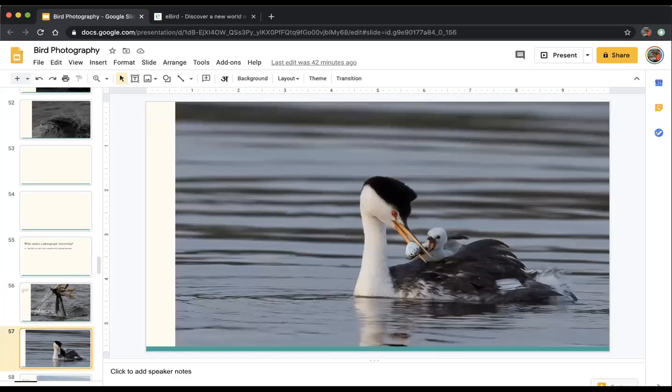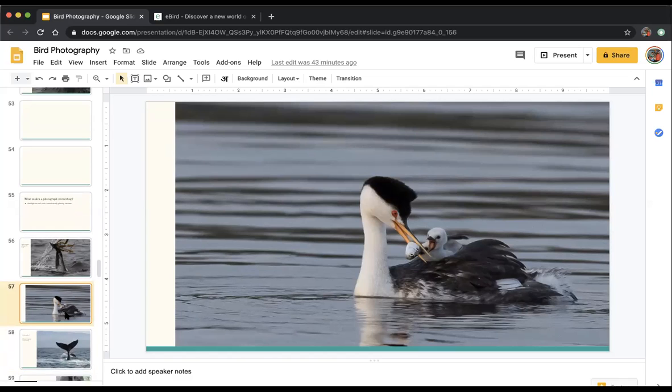Another thing is family, child rearing. This is again the same bird that was running. This is a grebe. So they're completely waterbound. So even when their babies are born, they actually carry them on their backs. And the pair is very, very attached.